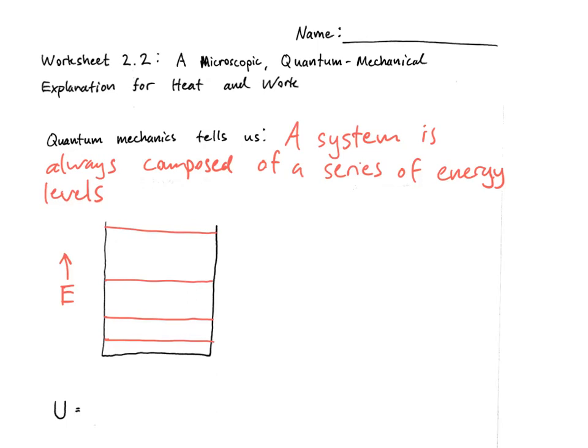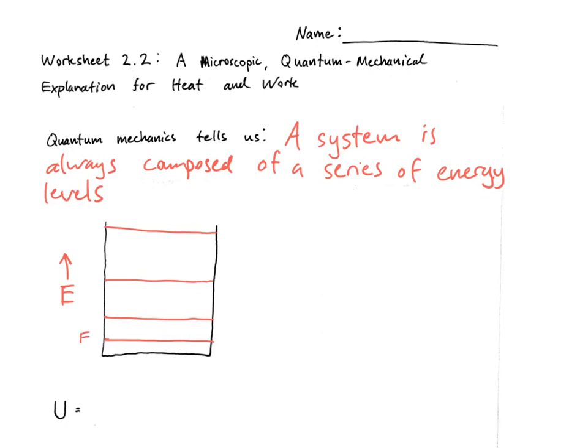Now, this concept of quantum energy levels is identical to what you know about the hydrogen atom. So if you think back to general chemistry, you learned that the hydrogen atom has a series of energy levels that the electron can be at, and this is completely analogous to that, except instead of just talking about electrons, the atoms themselves occupy these energy levels.